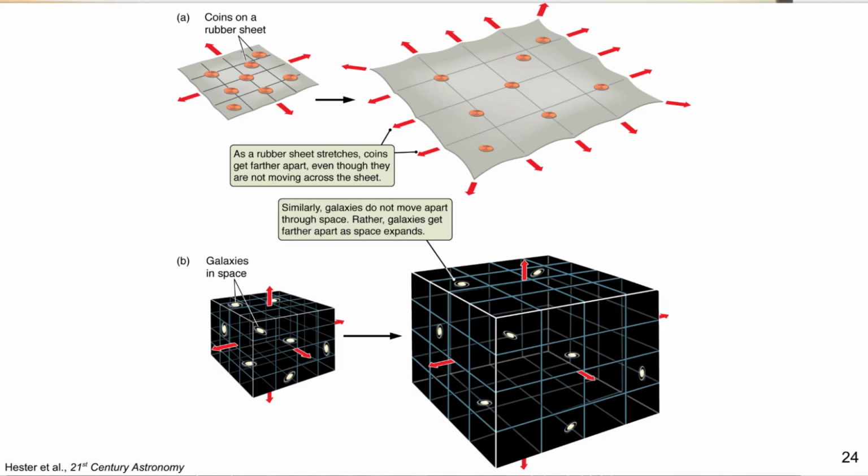And this is especially nice because will the coins get bigger as the sheet gets bigger? No. And in fact, galaxies don't expand as the universe expands because something that's held together by its own gravity or by other internal forces does not expand with the rest of the universe. Those internal forces prevent that from happening.